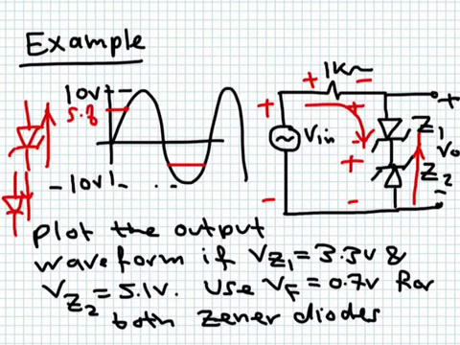So as the input is increasing, the current will also increase. In the opposite direction, the current is equal to Vin, which is going to be a negative value, minus 4, between here and here. This is forward bias, this is breakdown region, divided by 1K.